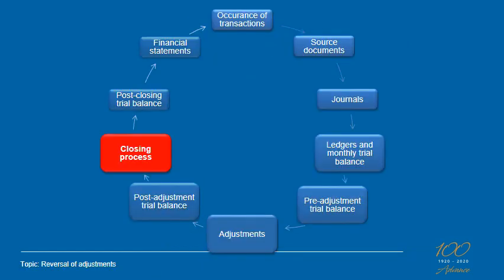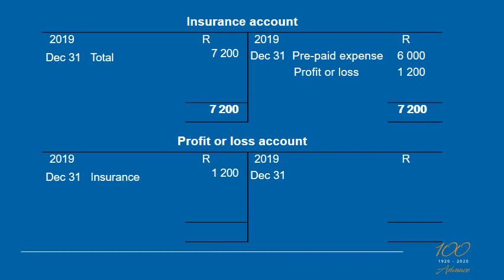If we now go over to the closing process after adjustments for the same example, in my insurance account, I've got the payment for the 12 months on the debit side. I've made the adjusting entry on the credit side for the 10 months. So now I can close off, in other words, form part of my calculation of profit or loss, the 2 months that actually belong to this financial year.